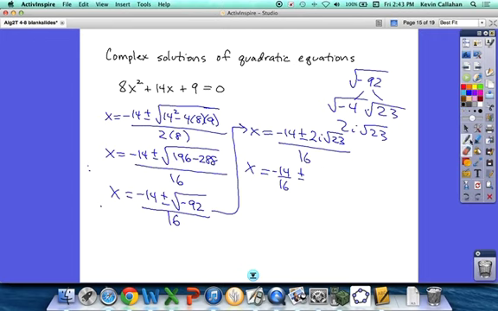Usually the way you would write it is like this. 2i times the square root of 23 over 16, which is negative 7 over 8 plus or minus 1 over 8 times i root 23 over 8.